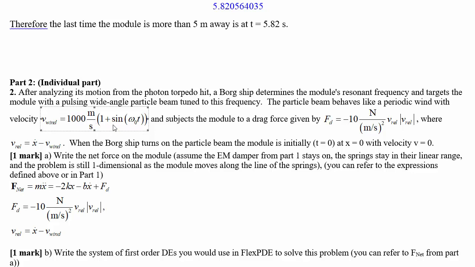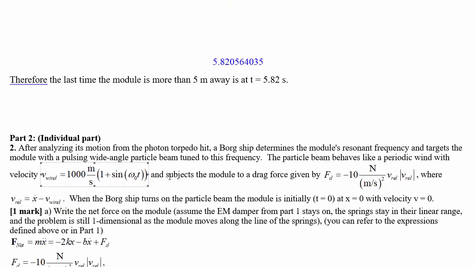And the average value of the wind is going to be, if you look at the plot of this, around 1,000 meters per second. And then the drag force is -10 times the velocity of the wind squared. So we got 10 times 1,000 squared at that average spot, which is 10 million newtons.